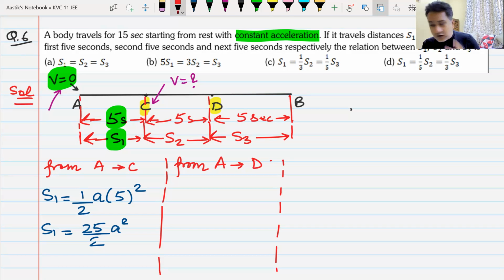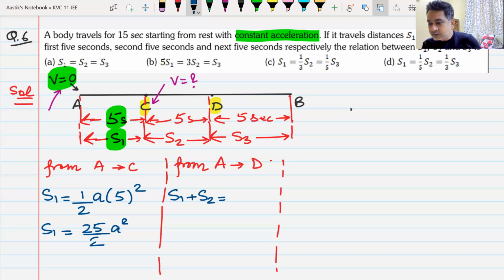What is the displacement now? Can you see and tell me what the displacement is? The displacement now is S1 plus S2. Yes or no? That must be equal to ut plus half at square. U is 0.